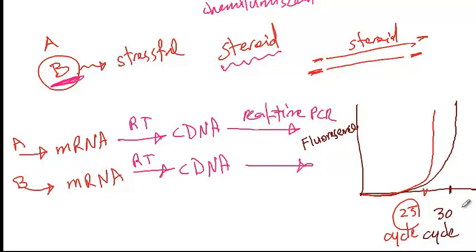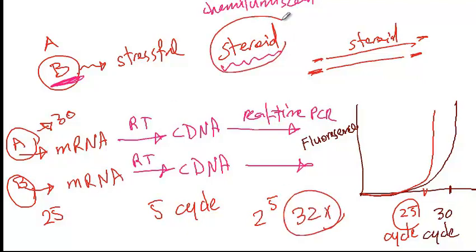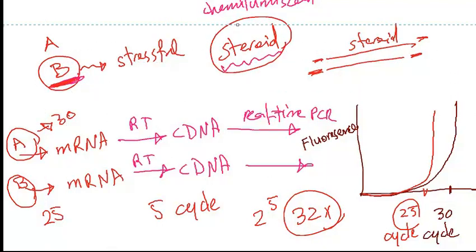So here we can see that sample A took 30 PCR reactions while sample B took 25. What's the difference between the two? 5 cycles. So as much as 5 cycles, sample B has more DNA. So 2 to the power 5, which is 32 times more mRNA of the steroid expressed under stressful condition. All right, so that's one way of calculating the mRNA level.